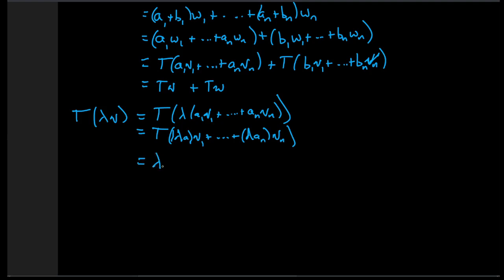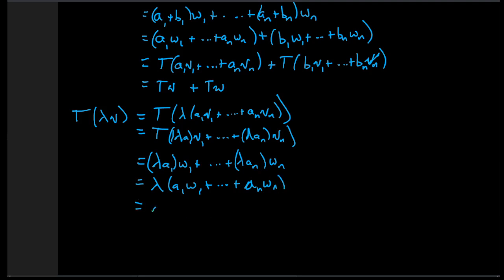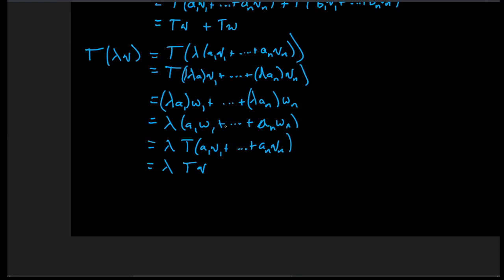By the definition of T, this is lambda A1 W1 plus all the way down to lambda AN WN, which, if I undo what I did in the first step and take out a lambda from everything, is lambda T of A1 V1 all the way down to AN VN, which is lambda T of V. Hey. So T is linear.